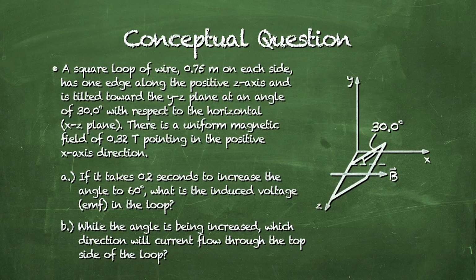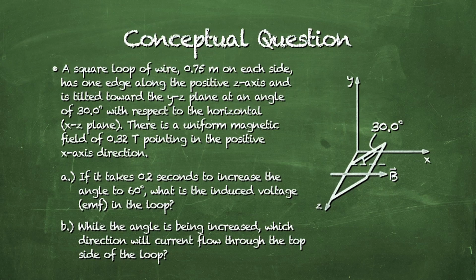There is a uniform magnetic field of 0.32 Tesla pointing in the positive x-axis direction. If it takes 0.2 seconds to increase the angle to 60 degrees, what is the induced voltage or EMF in the loop? And while the angle is being increased, which direction will current flow through the top side of the loop?